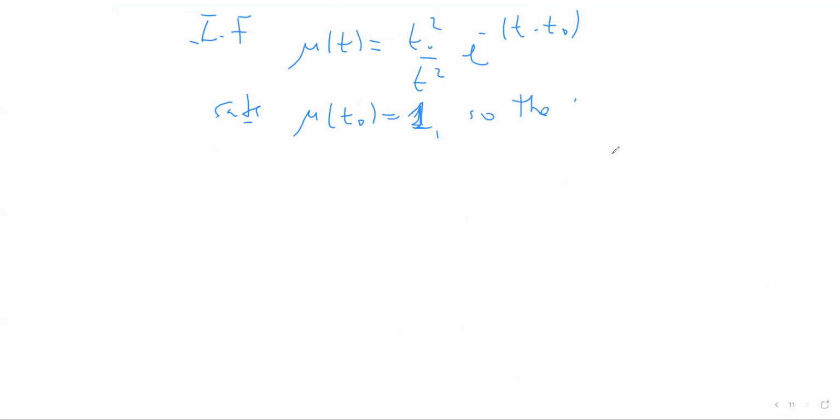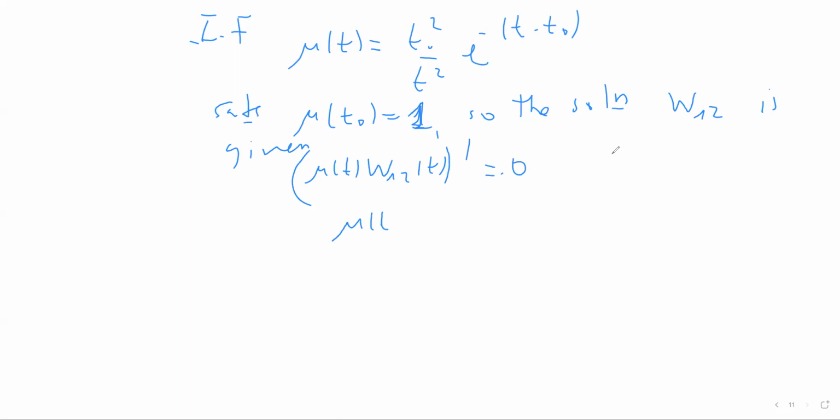So the solution W12 is given by (mu(t) W12(t))' = 0, and this is mu(t) W12(t) minus mu(t0) W12(t0) equal to 0.